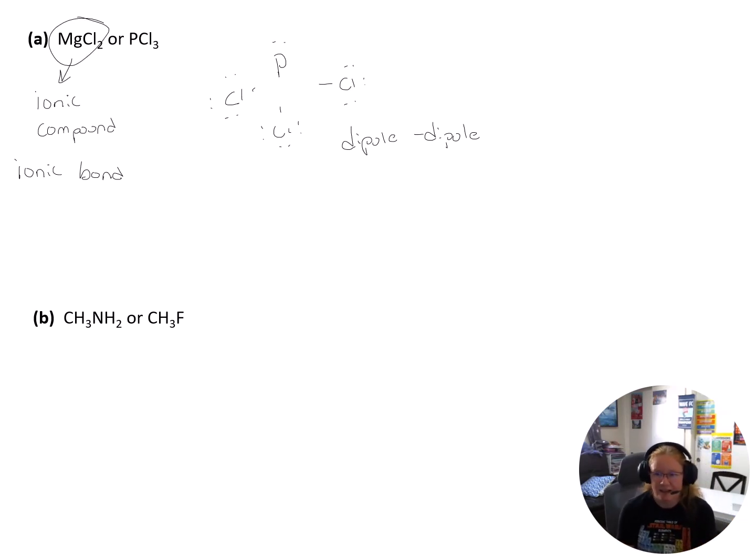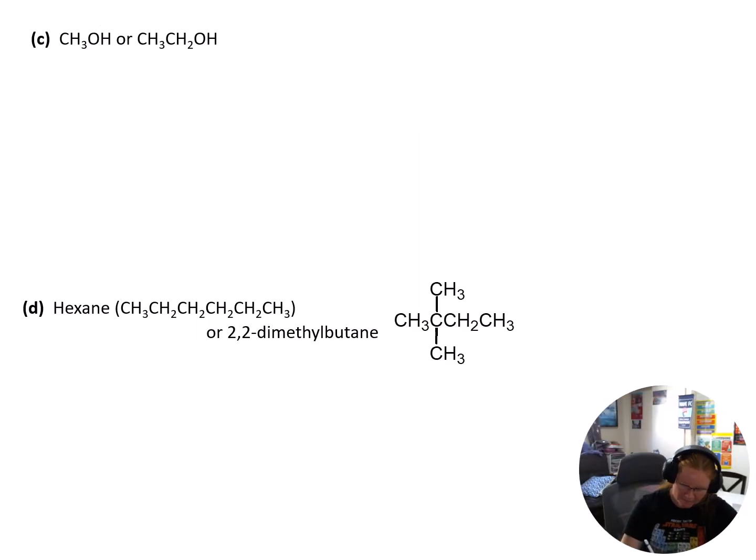All right. So for the last few, I'm just going to tell you the final answer. I want you to figure out what the dominant force is and why the answer is what it is. This is going to be that one. All right, this one's going to be kind of interesting. This one's going to have two competing factors because they both have a hydroxyl.